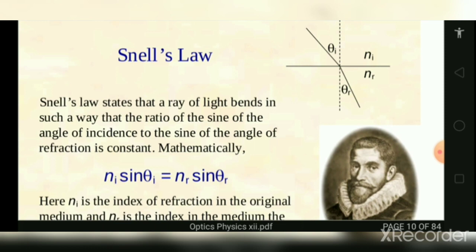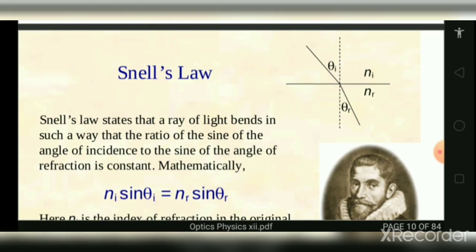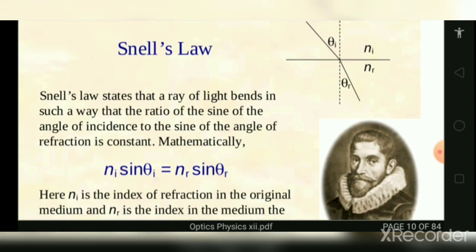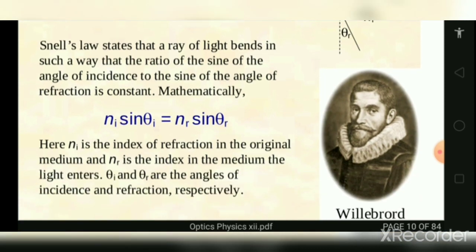The ratio of the absolute refractive index of medium 2 to the absolute refractive index of medium 1 is the relative refractive index of medium 2 with respect to medium 1, equal to n2 upon n1 is equal to sin theta 1 upon sin theta 2, which can be represented as n1 sin theta 1 is equal to n2 sin theta 2, or nr sin theta r, depending on your suppositions.